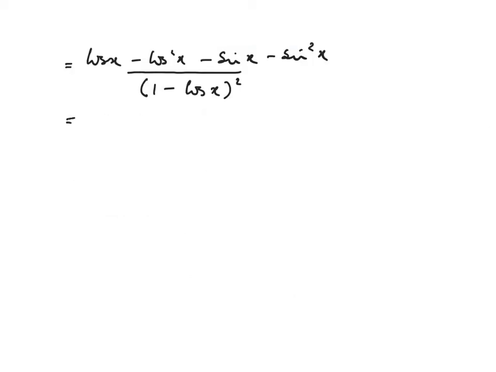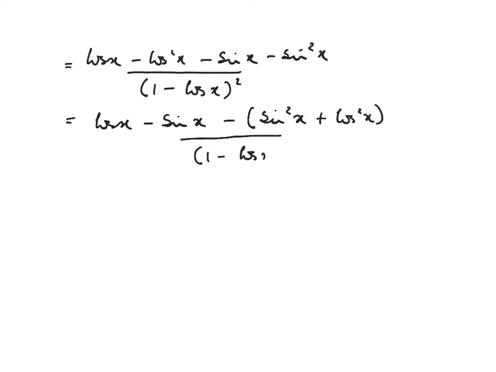So it's cos x minus sine x minus, if I take out a negative, that leaves me with sine squared x plus cos squared x over 1 minus cos x squared. So that looks like cos x minus sine x minus 1 over 1 minus cos x squared.